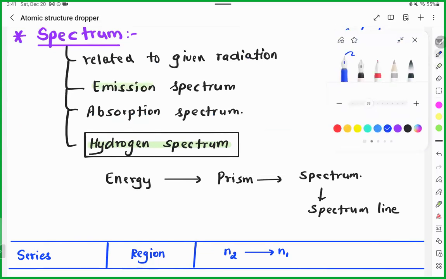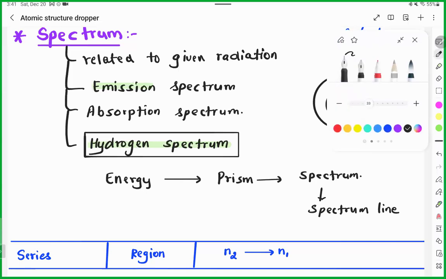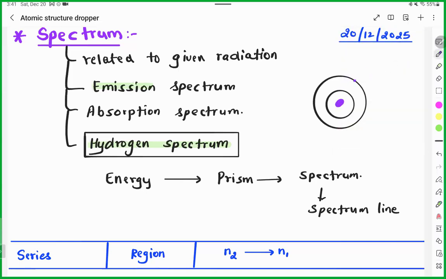Example, an electron, this is nucleus, and here you have first shell, here you have second shell. So electron was present in the example second shell and value is 2. When this electron comes to the first shell, then it will emit some radiation.